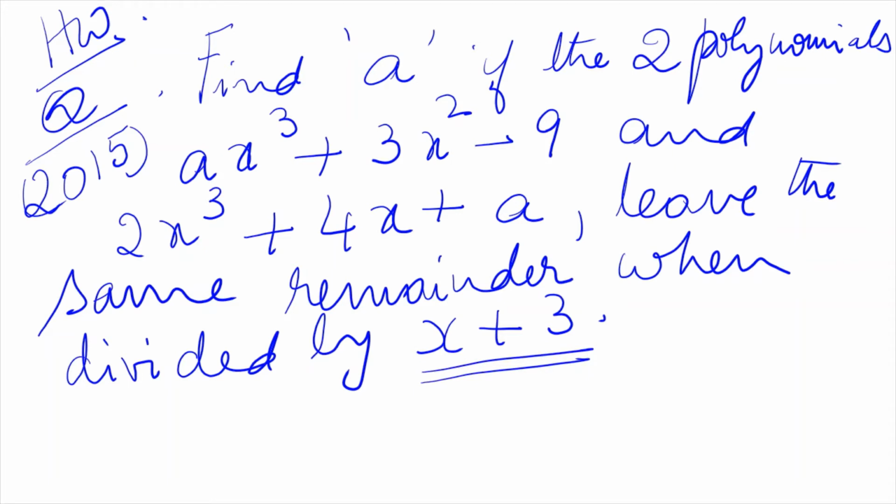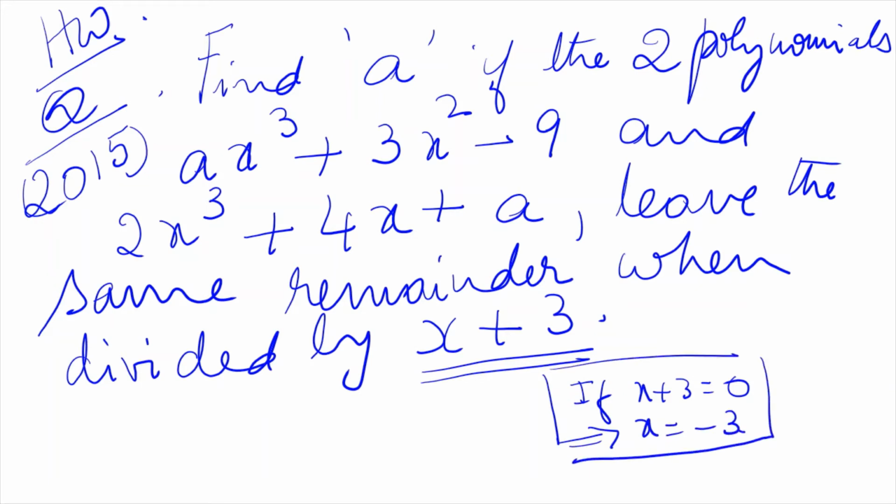That means if x plus 3 is equal to 0, it implies x is equal to minus 3. So you will have to substitute x is equal to minus 3 in both the equations and equate the remainders, because both have the same remainder, and then you will have to solve for a.